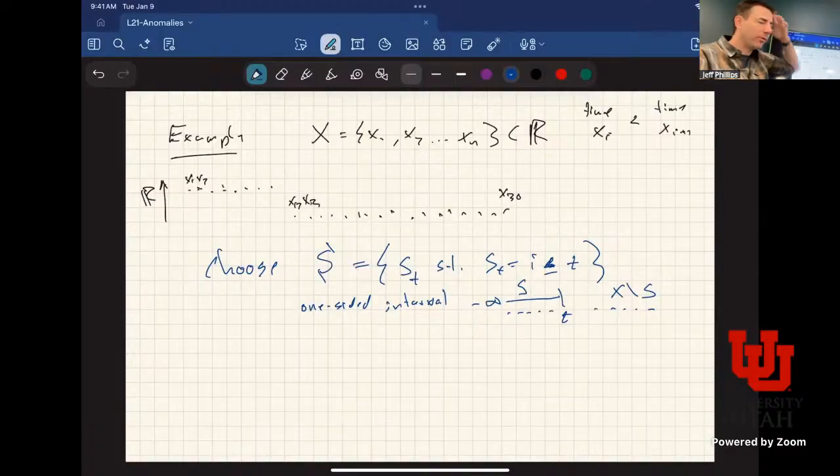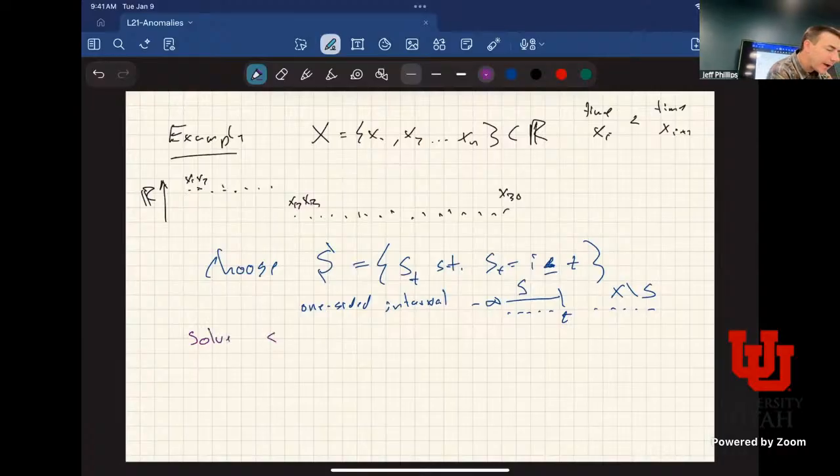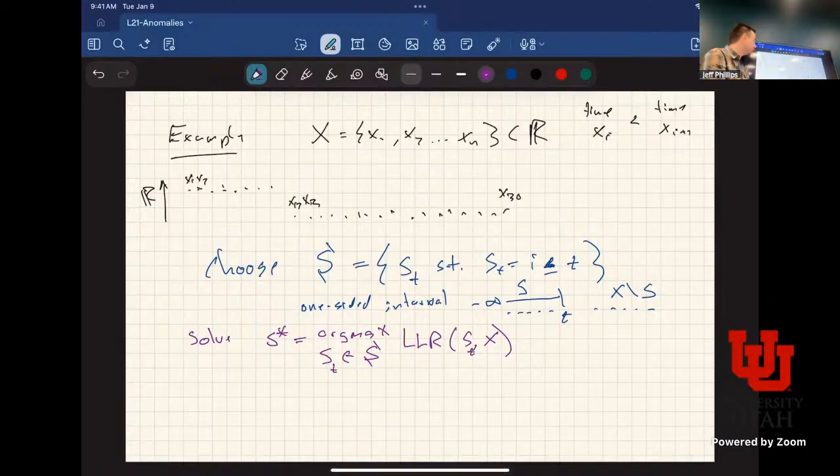Okay, when I have the one-sided intervals, then I can try and solve for S equals argmax over S in this family of the likelihood ratio of S, X. So this could be X_T. I just need to choose this value T, this time point at which this switches.